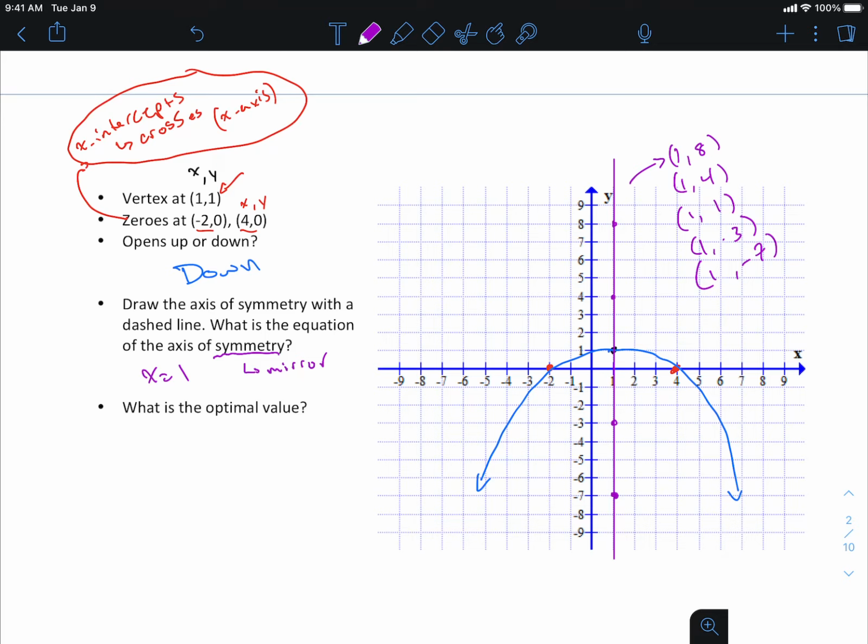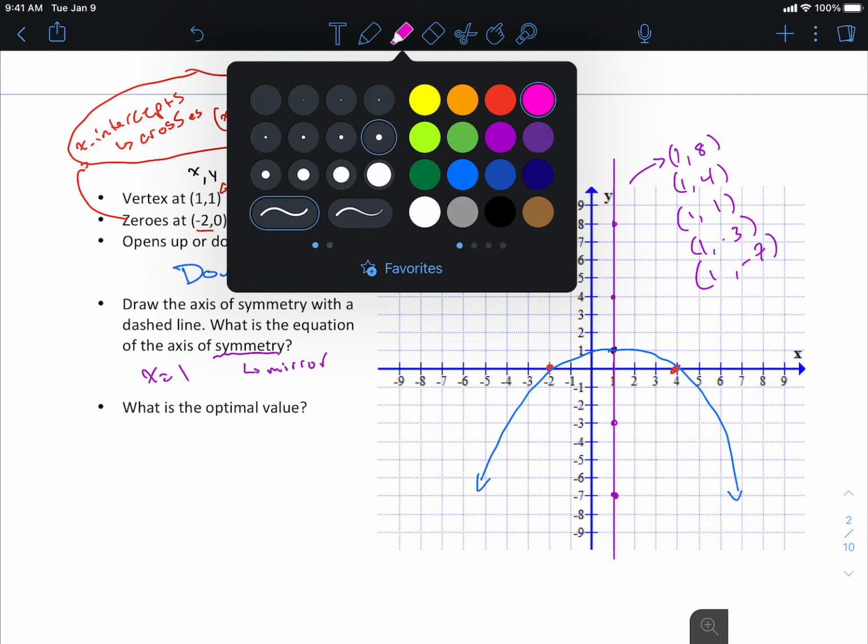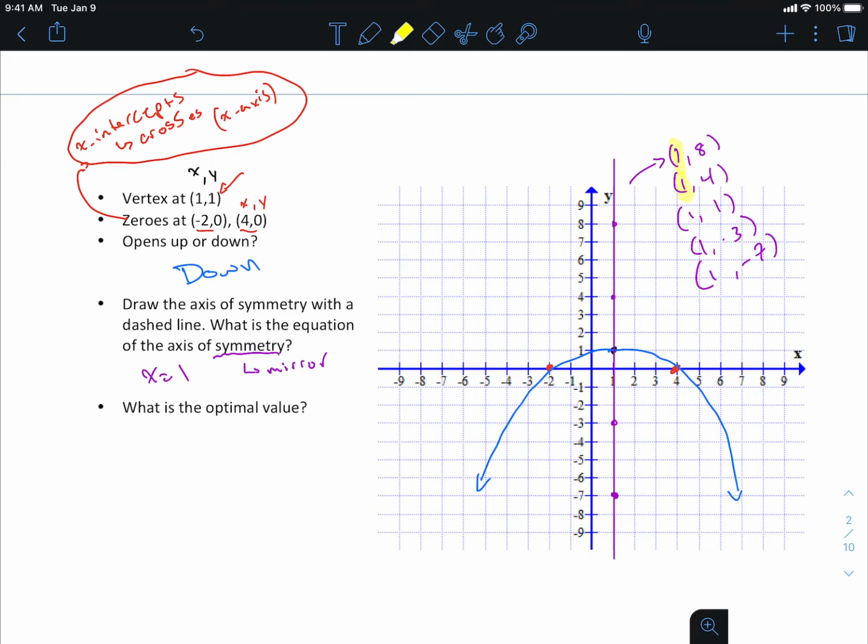Do we all get the point? Do we see what's going on? Every point has an x value of 1. So that's what you write down, x equals 1. The equation of this line is x equals 1 because every point along here has a value of x equals 1. Okay. Do we have any questions just before I do the last one?